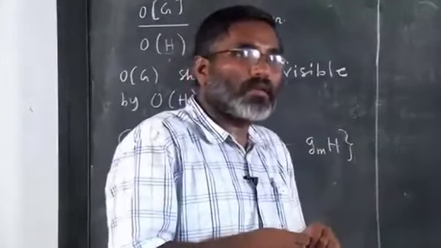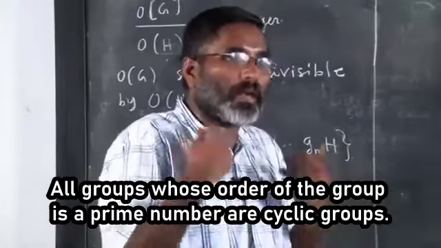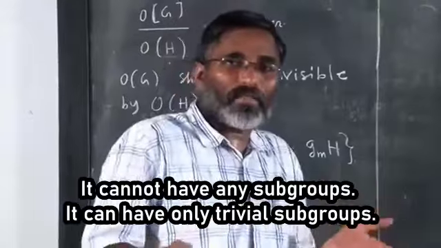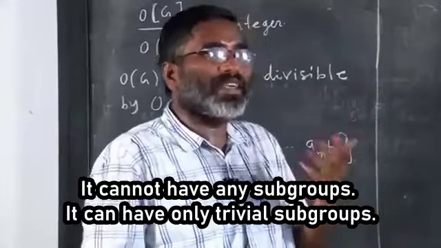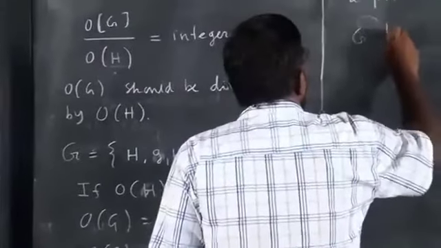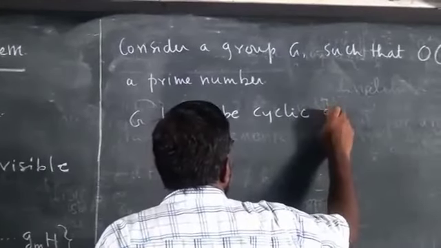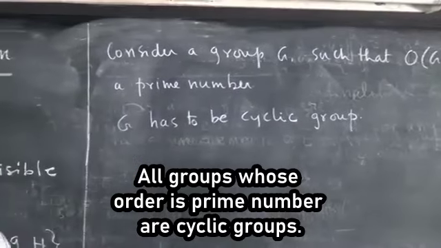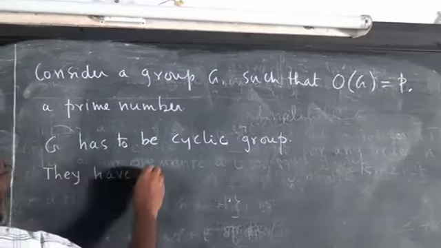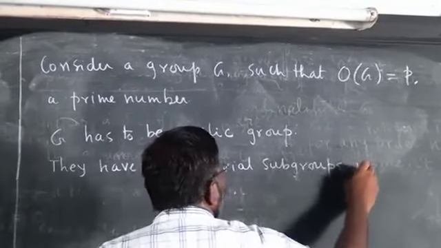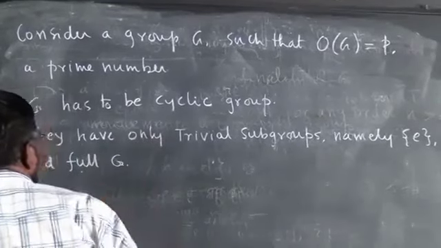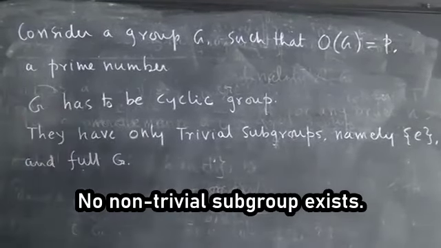So, all groups whose order is a prime number are cyclic groups. It cannot have any subgroups. It can have only trivial subgroups. So, G has to be a cyclic group. They have only trivial subgroups, namely the identity and the full G. No non-trivial subgroup exists.